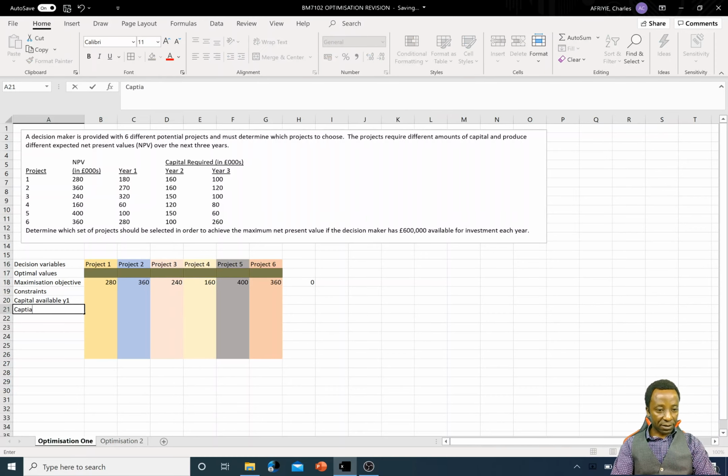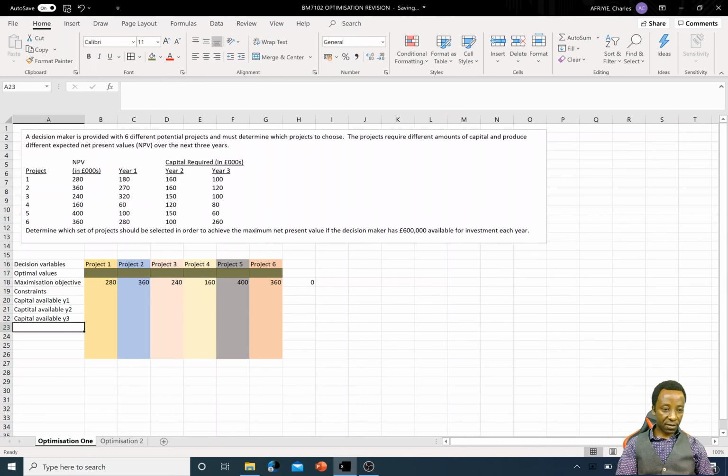And then we have capital available in year 2. And we have capital available in year 3. Okay, just to help us.